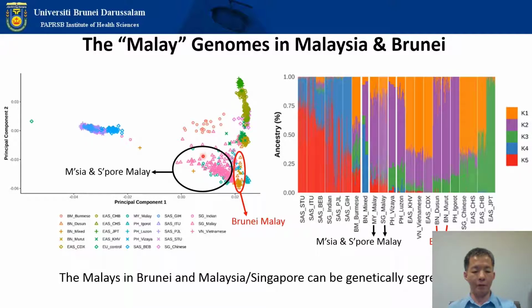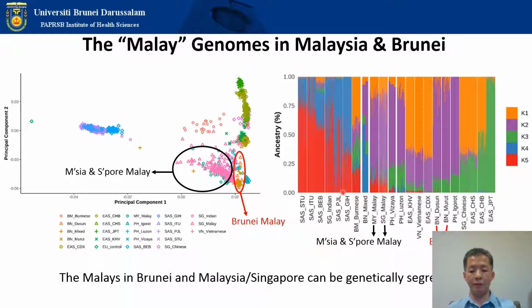On one side here, you see the Malays in Peninsular Malaysia, and also those in Singapore are closely related, whereas the Malays in Brunei are slightly more separated from the other Malay groups, and they sort of sit in between the indigenous Filipino groups and the Malays in Malaysia and Singapore.